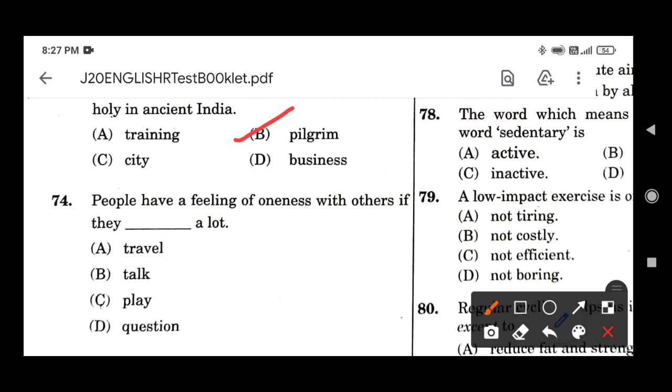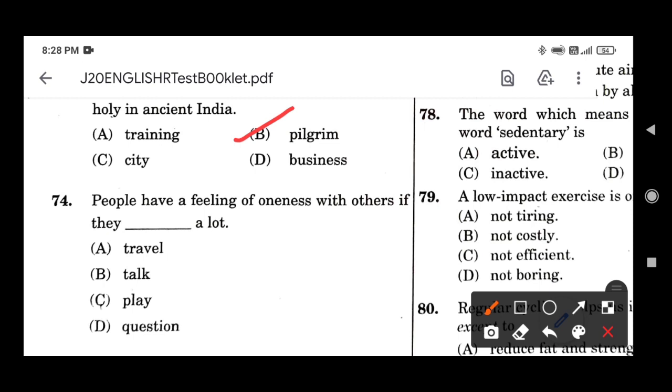Okay, next question. People have a feeling of oneness with others if they dash a lot. If people do one of these things in the options, they feel oneness with the others.